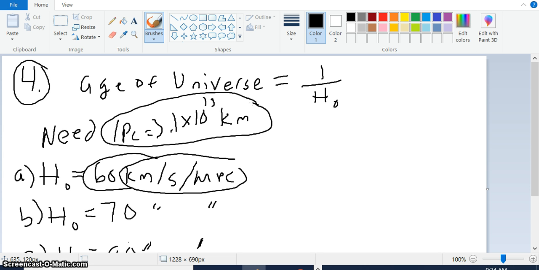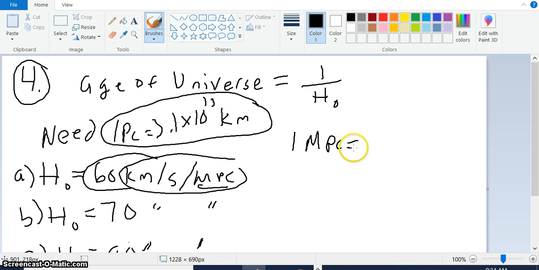I've got to convert. Instead of converting 1 parsec to kilometers, since this is in megaparsecs, I've got to convert 1 megaparsec. Mega just means times 10 to the 6th.